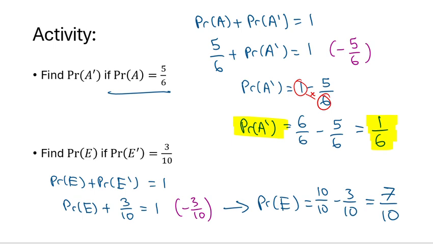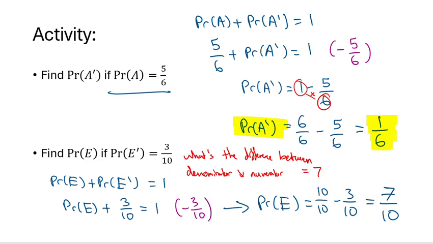So 7 tenths. Now, the shortcut, if you wanted to know, is if you look at the numerator and you compare it to the denominator, what's the difference between denominator and numerator?